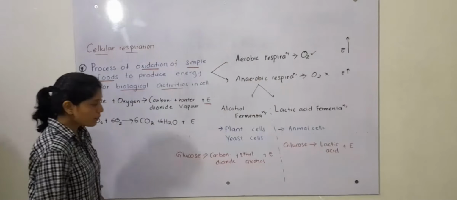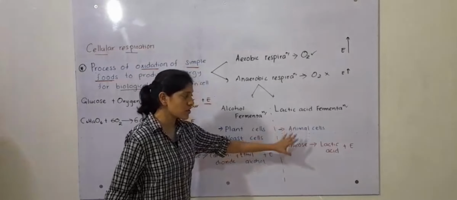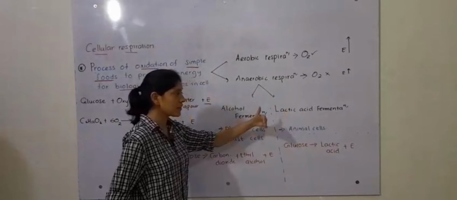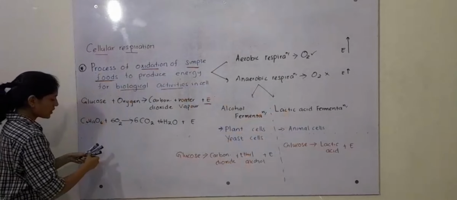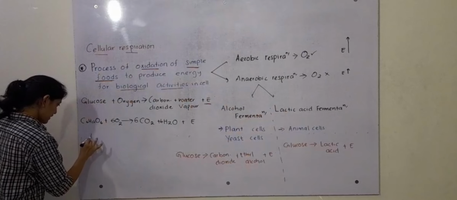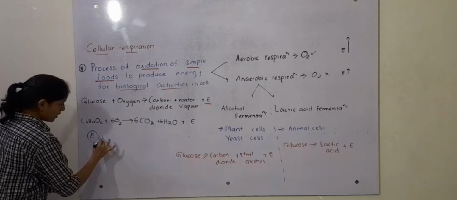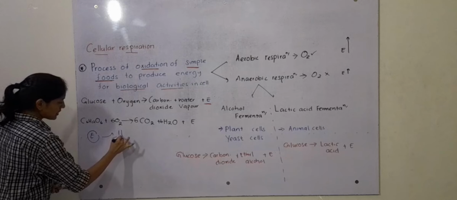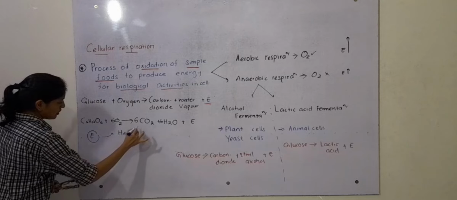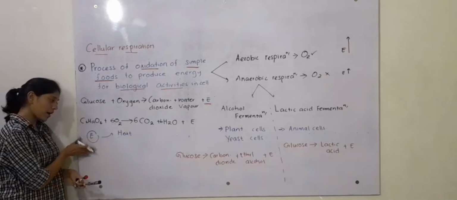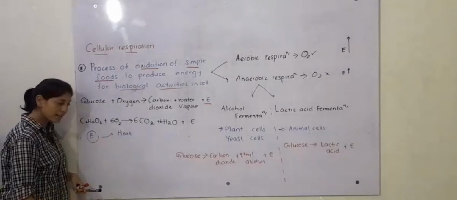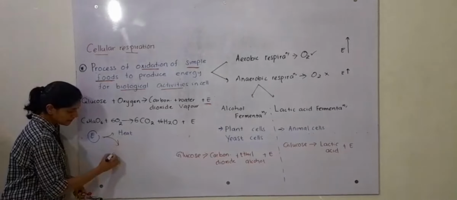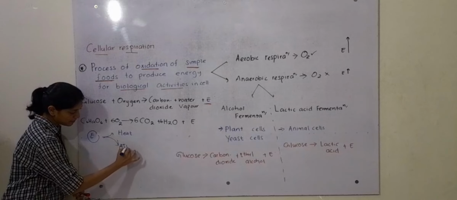Also, you need to know the energy that is generated from cellular respiration. Part of the energy is sent out of the body as heat. Part of the energy is used to generate heat and the rest is stored as ATP.